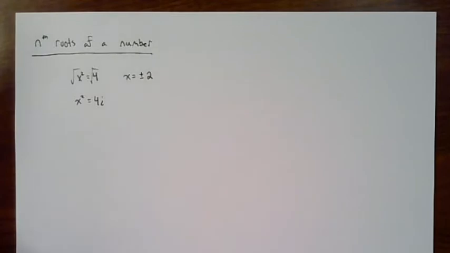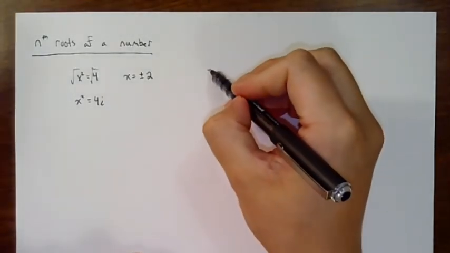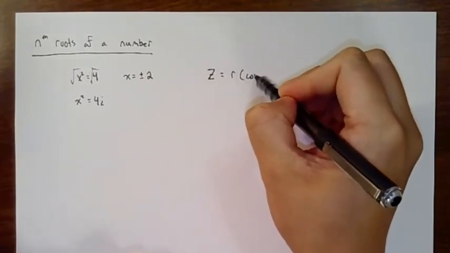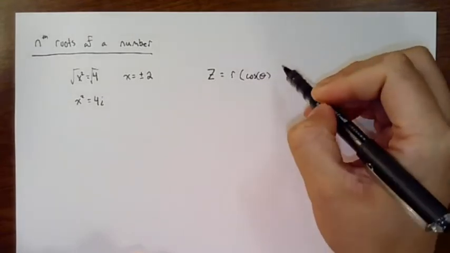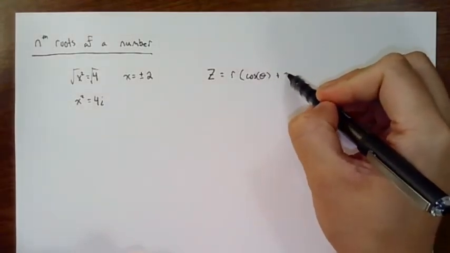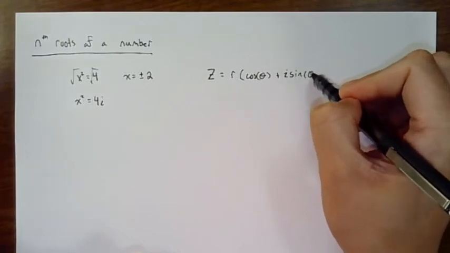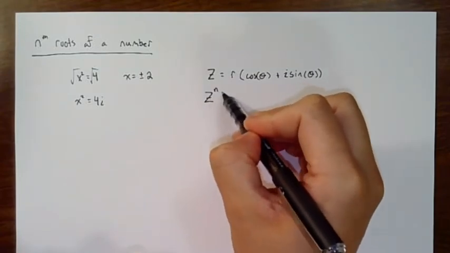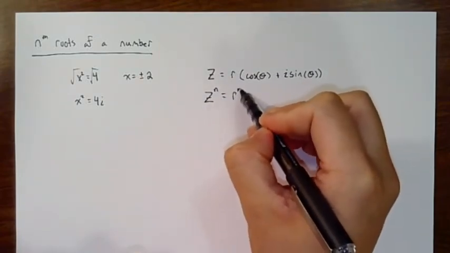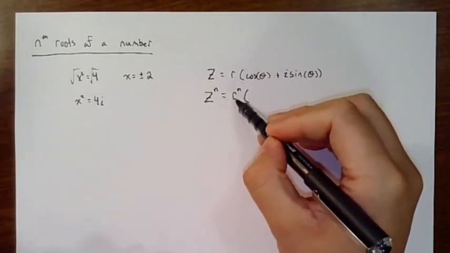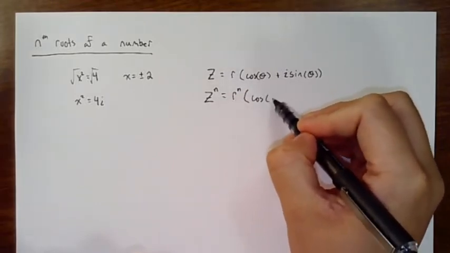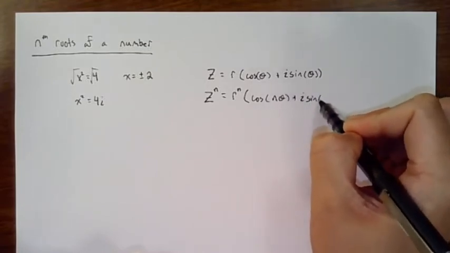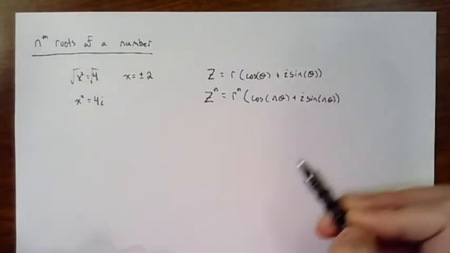Our last video talked about De Moivre's Theorem, which said that if you have a complex number z written in trigonometric form, so z is equal to r times cosine theta plus i times sine theta, you can raise z to some power n, and that's the same as saying r to the n times cosine n theta plus i sine n theta.